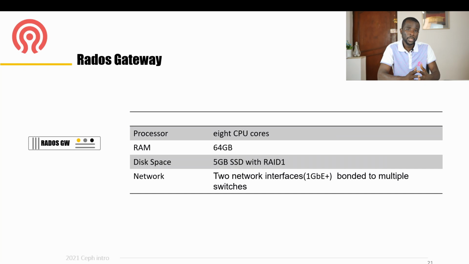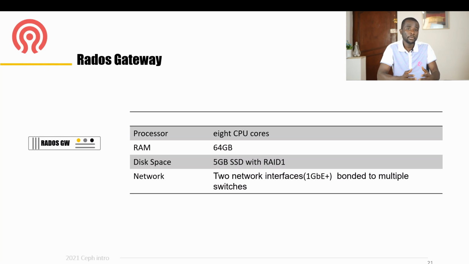For the RADOS gateway, the object gateway backend storage for the client, you should configure 8 CPU cores, mandatory. This one is very CPU intensive also, so try to provision 8 CPUs for this.